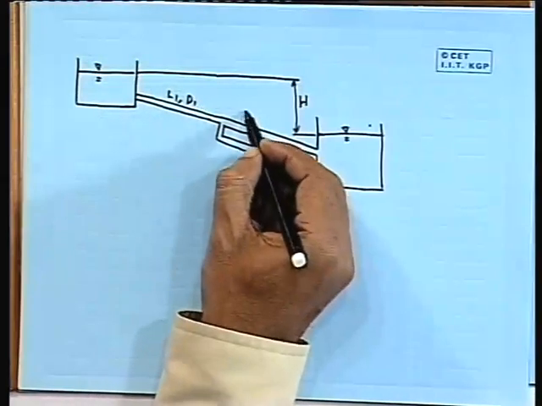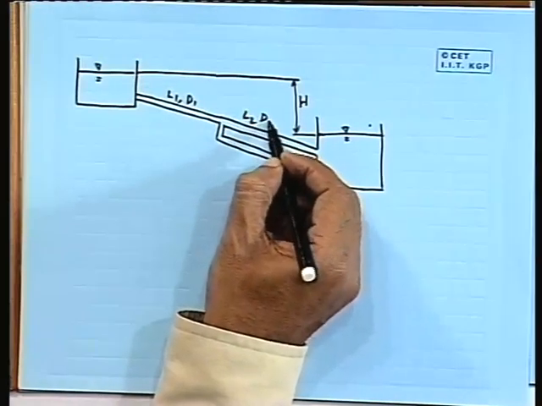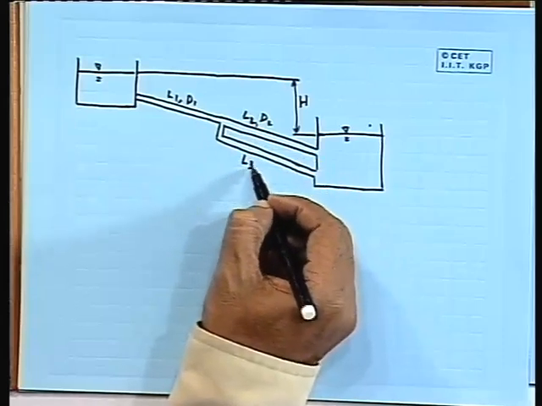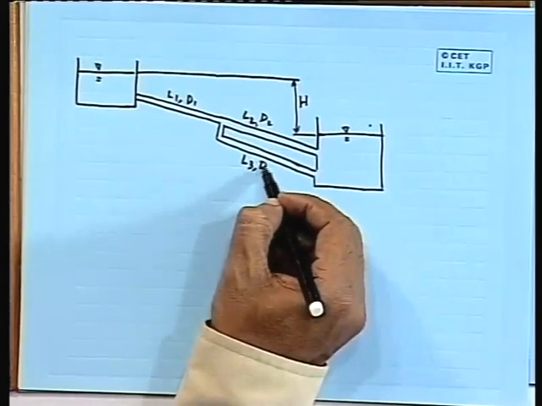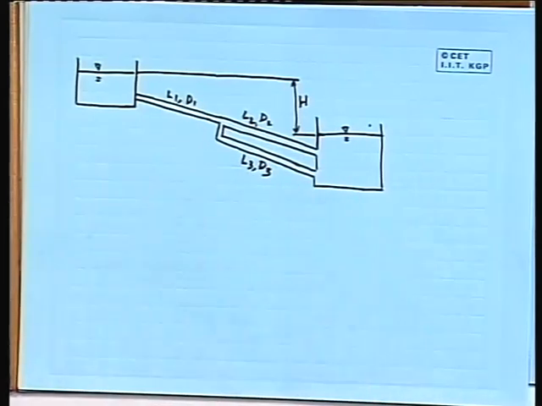Let us say all these are different pipelines, L1 D1, L2 D2 and L3 D3. So, we want to find out what is the flow rate from reservoir 1 to reservoir 2.